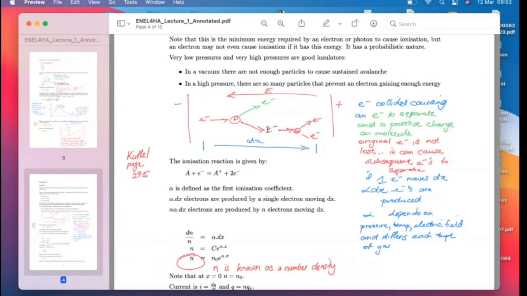That electron will gain enough energy, hit another molecule, release another electron, and it itself will carry on. The electron that we released up here will hit a molecule, it'll release another electron, it'll continue. So between here and here, you can see there's kind of a bit of a growth of electrons.